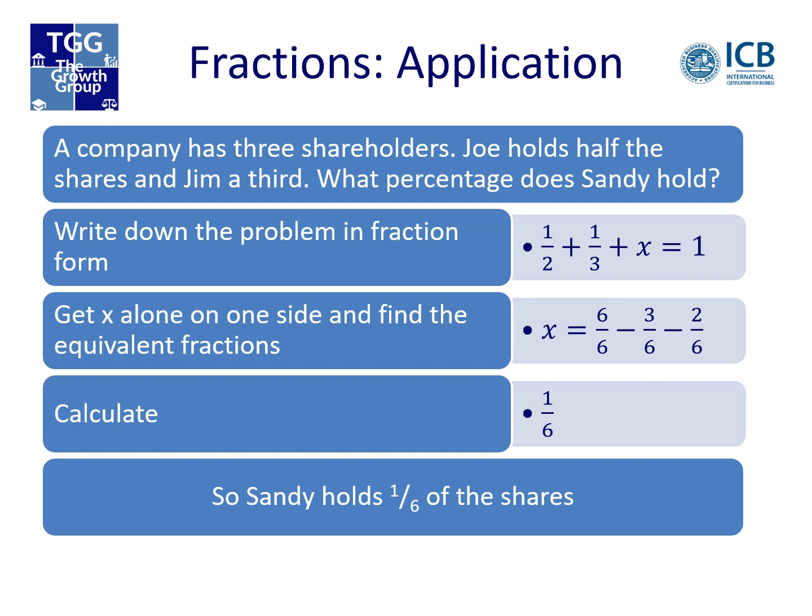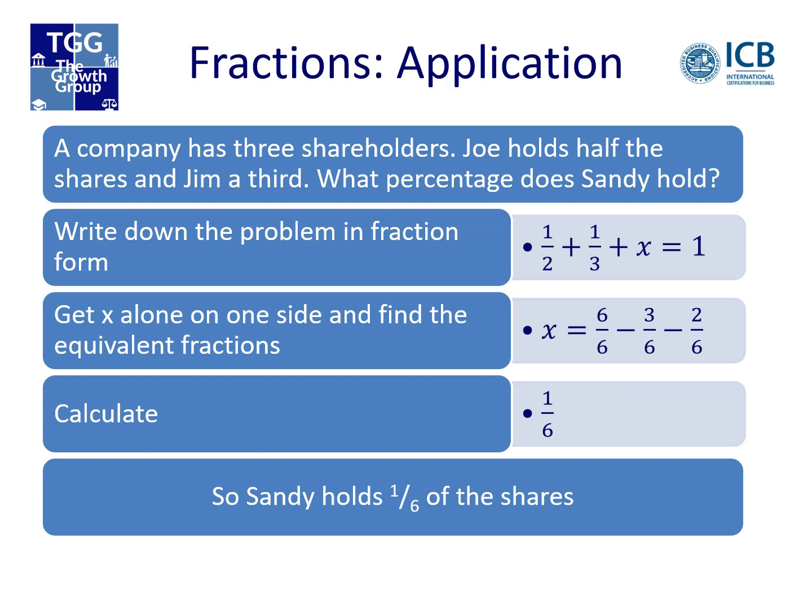So first thing we do is we write down the problem in fraction form. We know that the half plus a third plus something will be 1. So we get the x, or the unknown, alone on the one side, and we find the equivalent fractions.